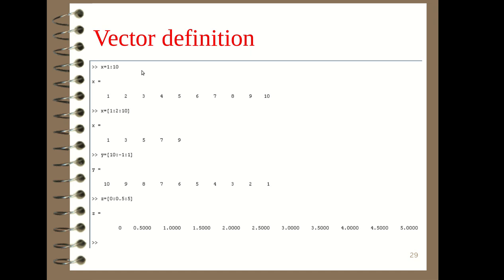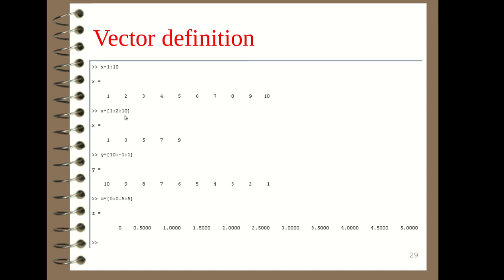Another way of generating a vector is to use the linspace or colon notation, like this, from 1 colon 10. It will give you 1, 2, 3, 4 until 10, or you can have a step in between. Then the first one is 1, 1 plus 2 is 3, then plus 2 is 5, plus 2, plus 2, until it reaches the highest number.